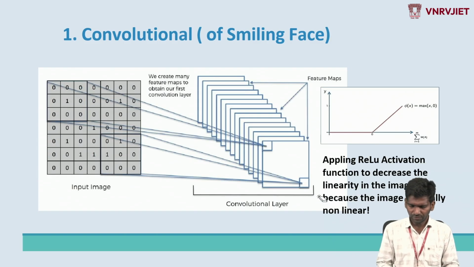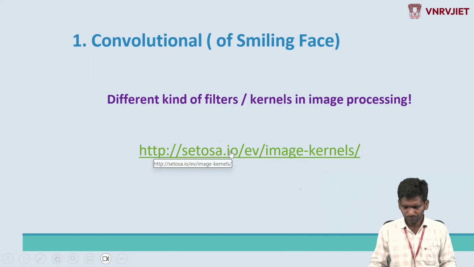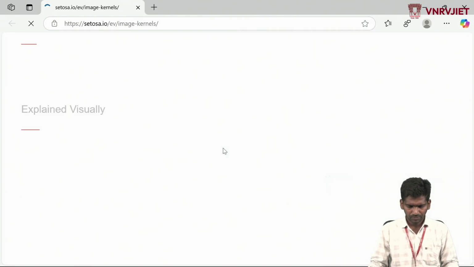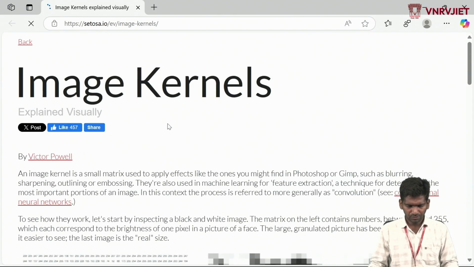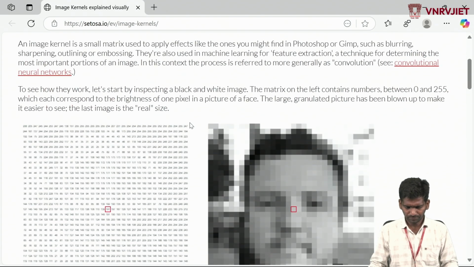Next step, this is one example also. You can check it, you can open it. Here you can visualize the CNN part, how it will be. The part which I have highlighted is coming here, right?